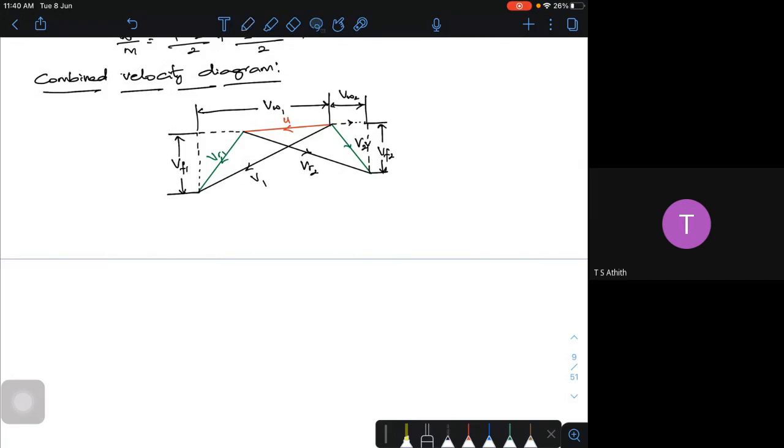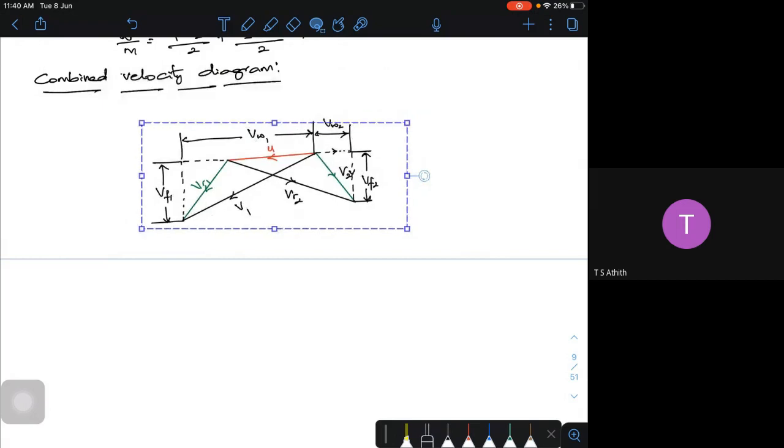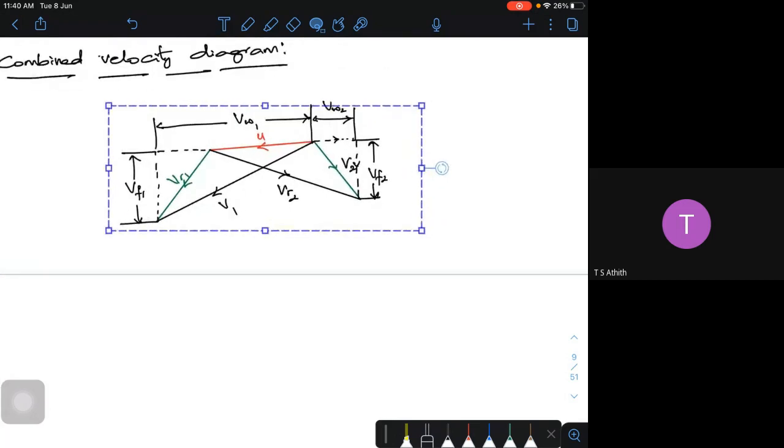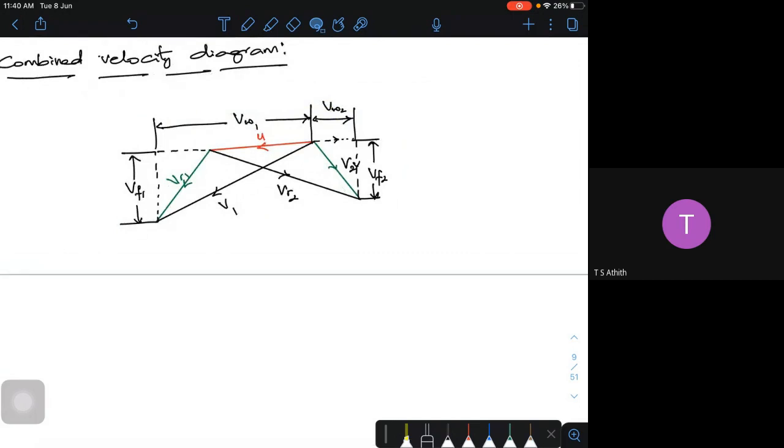Now, let me represent the angles in it. Let me make it a little bigger. Now let me put the angles. The angle made by V1 is alpha 1.